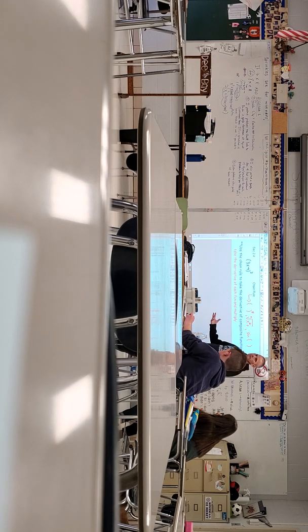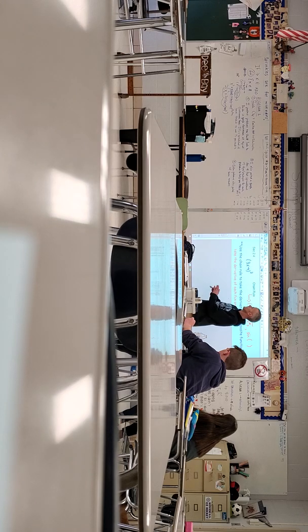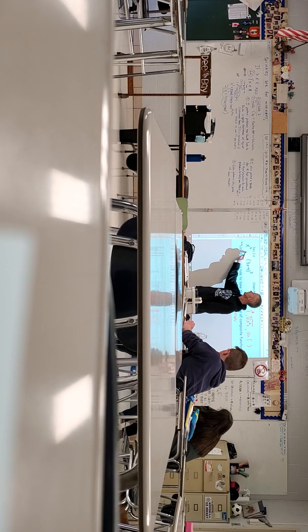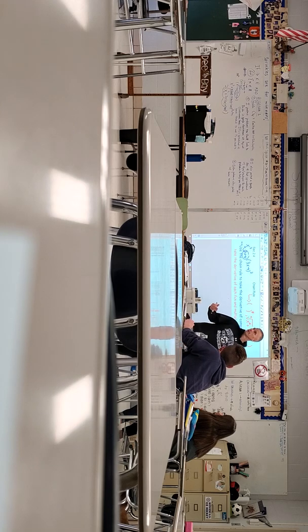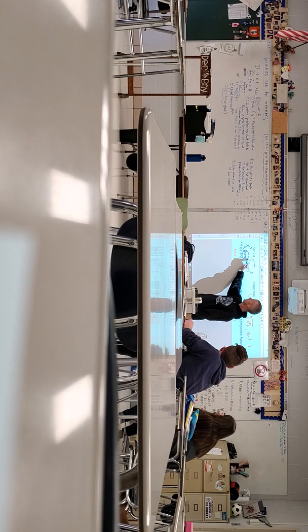It's pretty much like a composite function. We had a function that was x squared and another function that was 3x minus 4. We took the 3x minus 4 and substituted it into the x squared, so like f of g of x, and we came up with this brand new function.